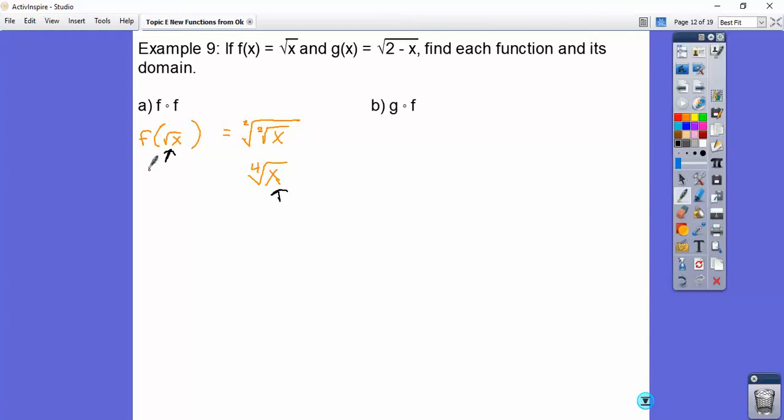If it's an even radical, we've already said the thing underneath has to be greater than or equal to 0. So that's true for the square root. Same thing is true for this fourth root. So if I put those together, they're identical. I know my overall domain, x has to be greater than or equal to 0. We need to write it in interval notation, so that's a bracket on the 0, comma, infinity.